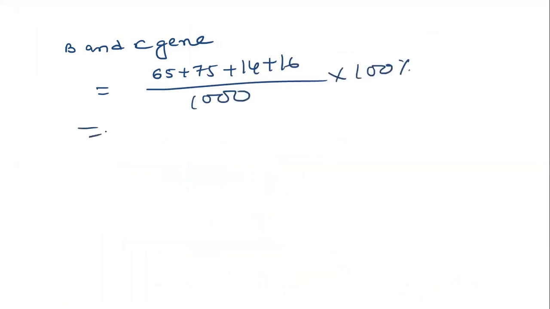Now here you'll get 30, and from here you will get 140, right? Now by 1000 into 100%.